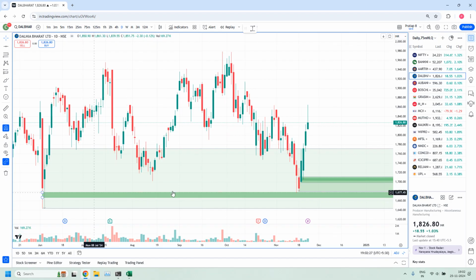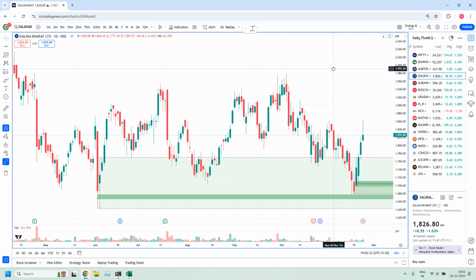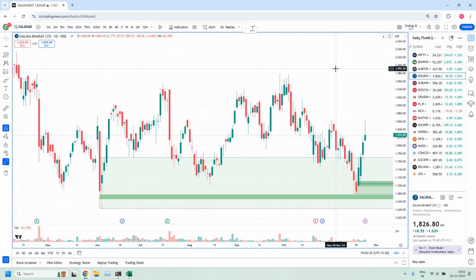But we have some learning from this particular zone, how institutions are creating setups. See, always you need to observe institutions' mindset. If you are able to understand what they are trying to do, then your trade plans will be much more accurate. Just blindly drawing zones the way you learned in supply demand doesn't help you.